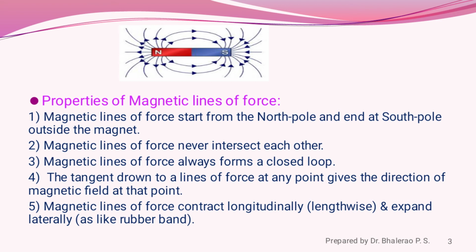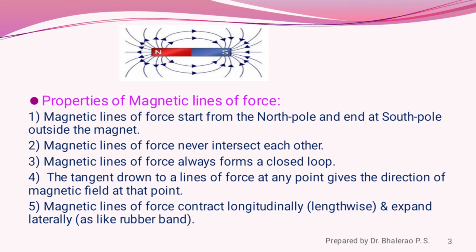Number four: when we find the direction of magnetic lines of force, the tangent drawn to a line of force at any point gives the direction of the magnetic field at that point.